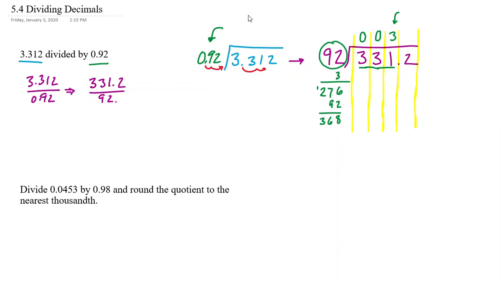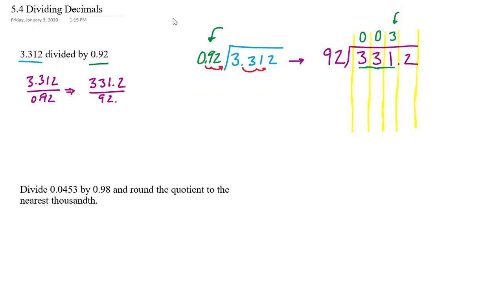So now notice that I've used up this space here now. I can't use it anymore. It was useful for me to multiply 92 times 3, but now I can't use that space anymore, so I'm going to have to erase this.